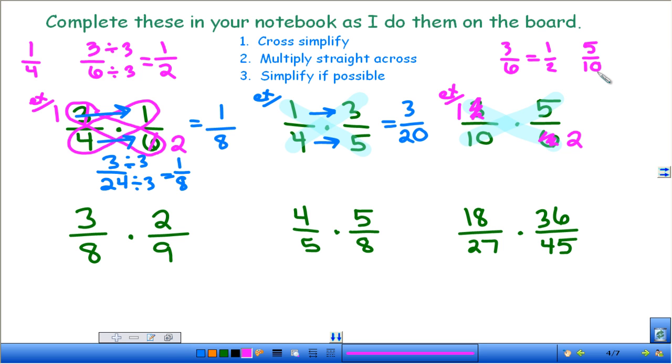If we had 10 pieces of pizza and we ate 5 of them, we ate half of the pizza. 5 goes into 5 once. 5 goes into 10 twice. Now we can multiply straight across. 1 times 1 is 1, and then we have 2 times 2 in our denominators, which is 4. So that one is 1/4.